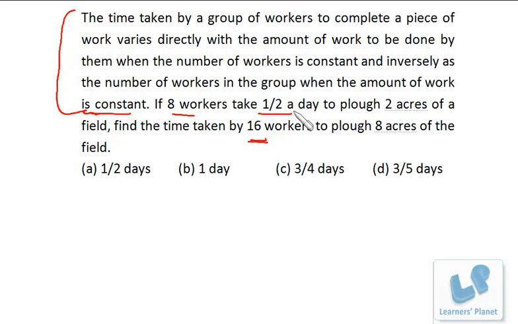So to complete 2 acres, they take 1/4 of the day. That means if the area is 4 times, then the time consumed will also be 4 times, that is 4 times 1/4 day, that is 1 day. No need to go for any sort of paperwork. You just have to crunch the data. I hope it's clear to you.